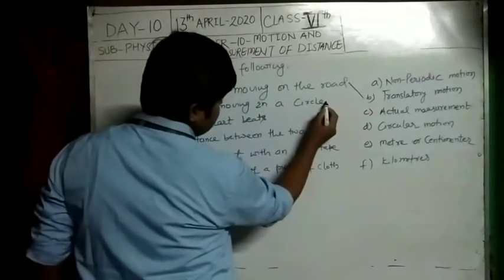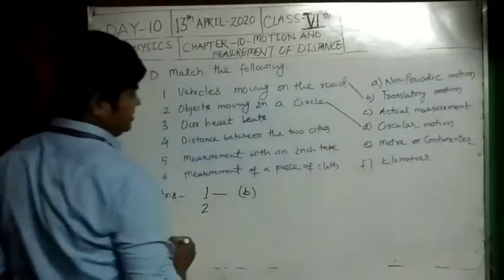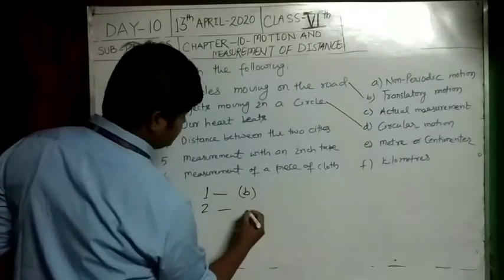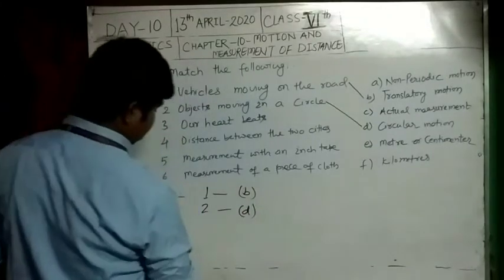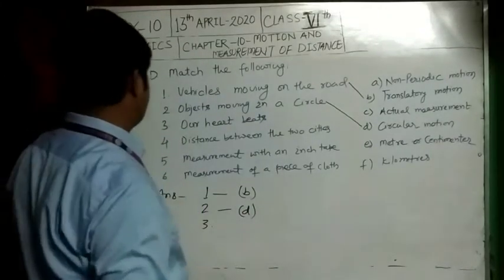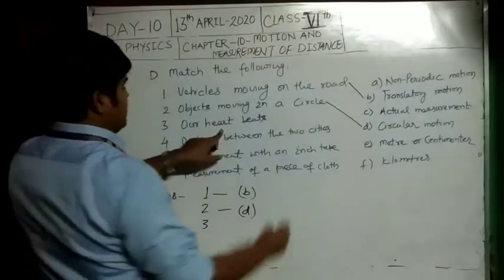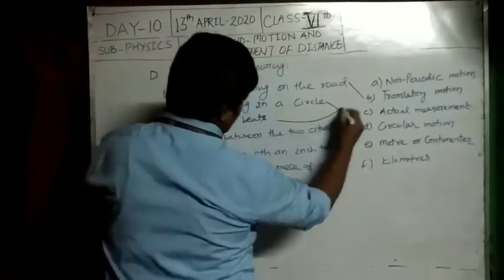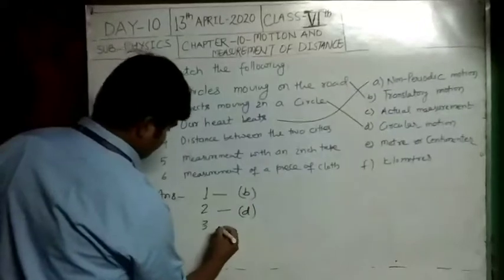An object moving in a circle is an example of circular path or circular motion. Third, our heartbeats. Our heartbeats is an example of non-periodic motion. That means the option is A.